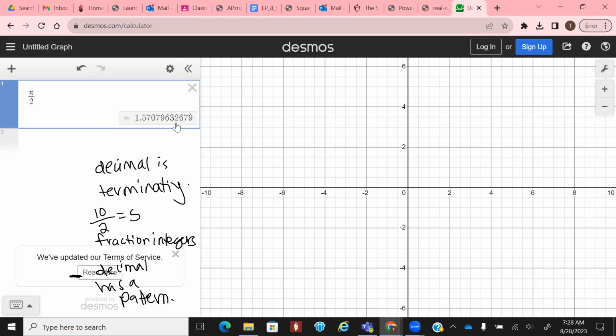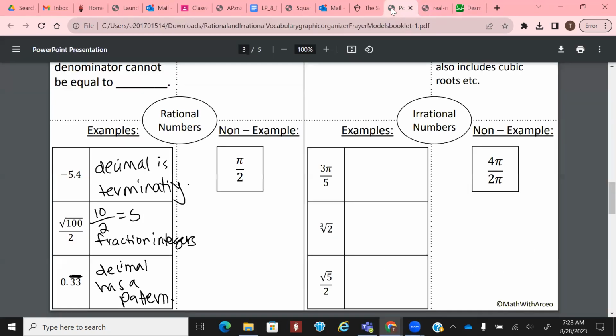Okay, so since this is not an integer in the top, pi over 2 is not rational.